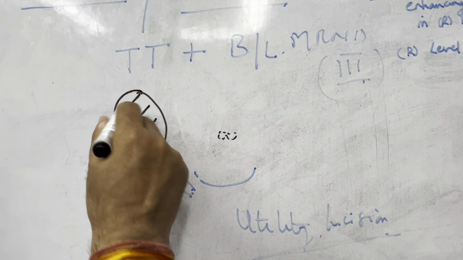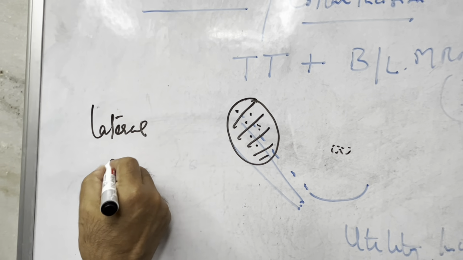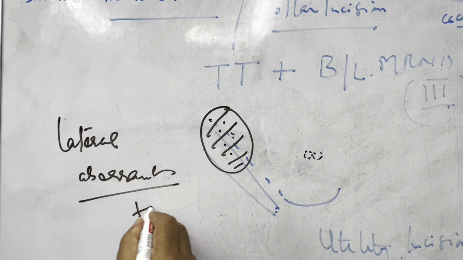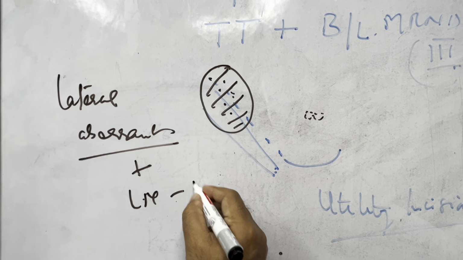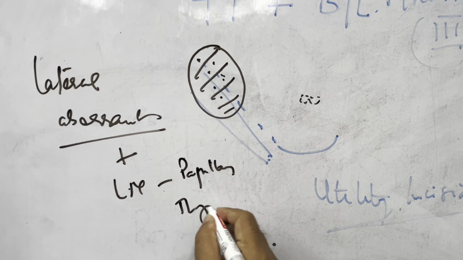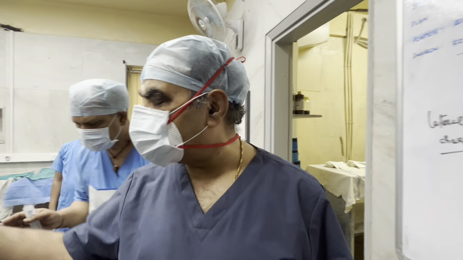So this term which you were just saying, lateral aberrant, is no longer used. It used to be, but actually the lymph node has the elements of papillary thyroid carcinoma. So they thought it's a lateral aberrant thyroid which has developed carcinoma.